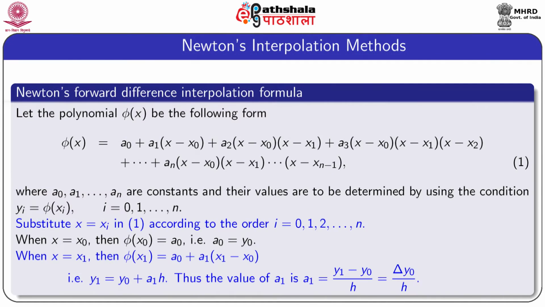Then we substitute x equals x1, then from polynomial 1 we have phi(x1) equals a0 plus a1 into (x1 minus x0), or y1 equals y0 plus a1 h, because phi(x1) equals y1. After simplification we get a1 equals (y1 minus y0) by h, and this is equal to delta y0 by h. Delta y0 means the first order forward difference operator applied on y0.